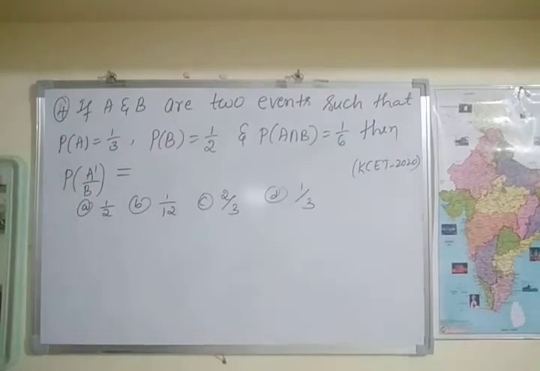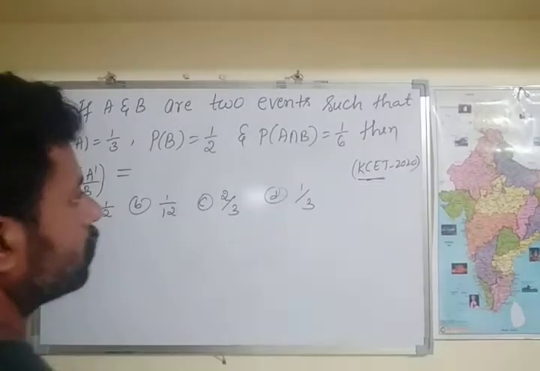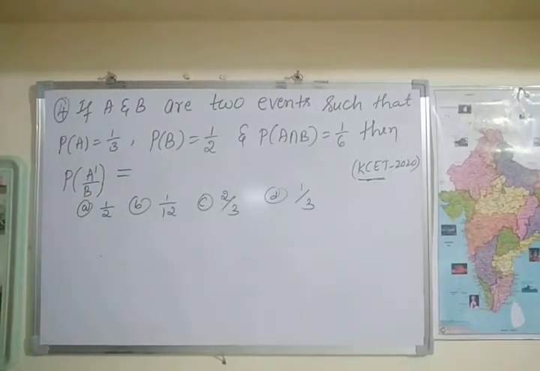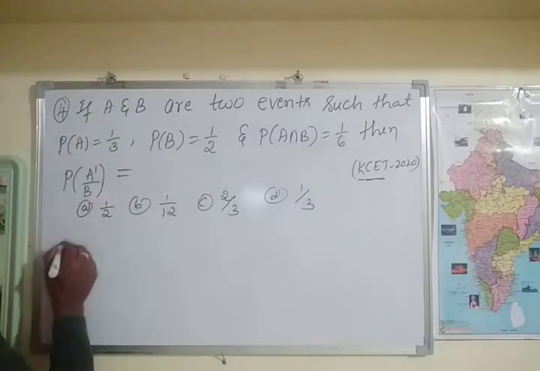So now here we have a 2020 question. The last problem is from the 2019 paper, with the same problem, but the options are the fractions 1 by 3, 1 by 2, 1 by 6. Then P of A dash given B is. Now, using this data, write the formula directly.